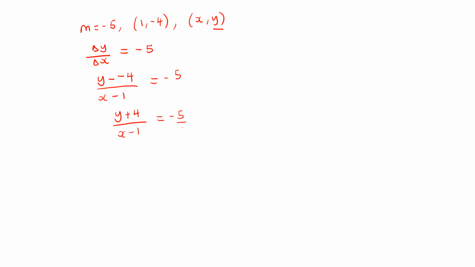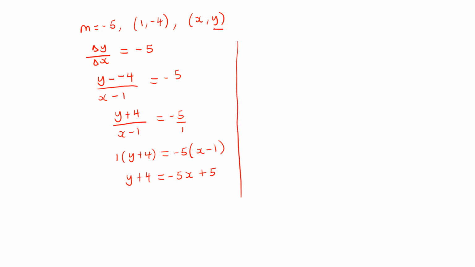We can put -5 over 1 and apply cross multiplication. So this means 1 into (y + 4) equals -5 into (x - 1). So 1 by y gives us y, 1 by 4 gives us 4, -5 by x gives -5x, -5 by -1 gives us positive 5.